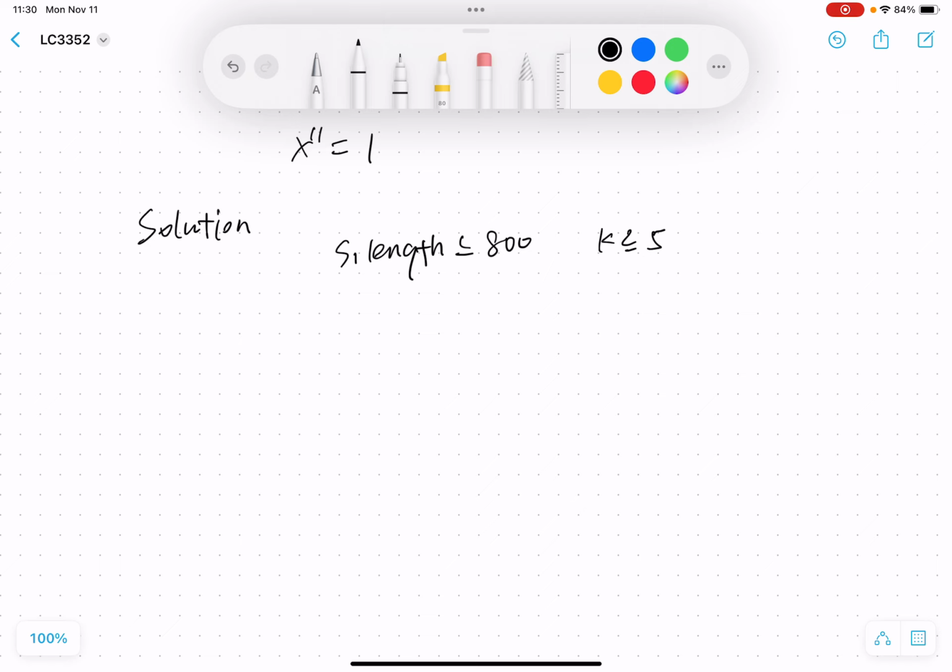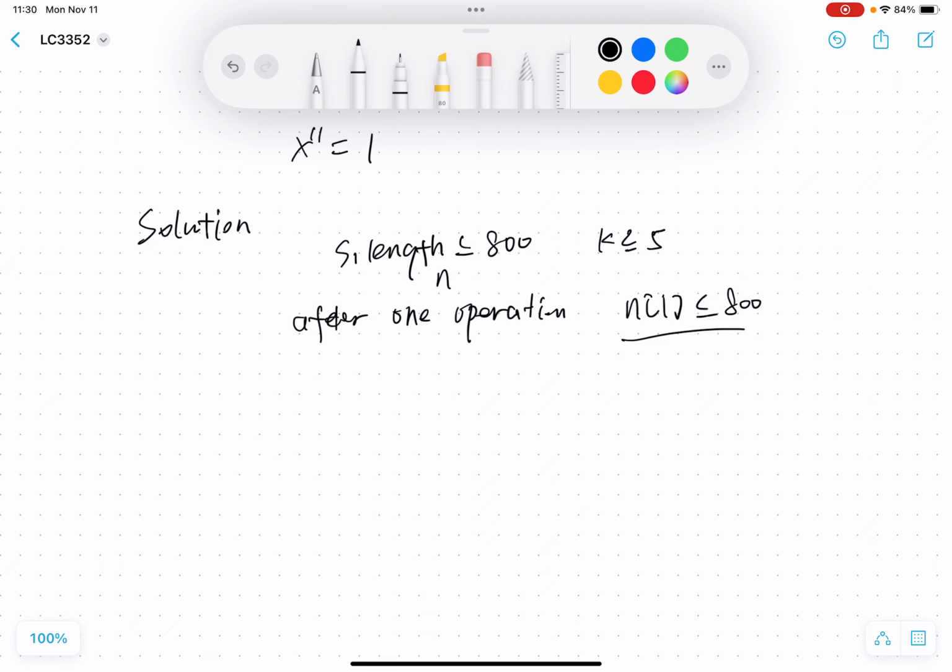So we will know that after one operation, for the original value n, we can make it n1, which will be less than or equal to 800, because the length is less than 800. So we will know this information.